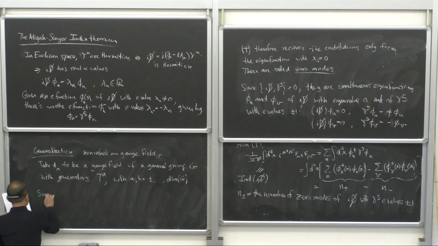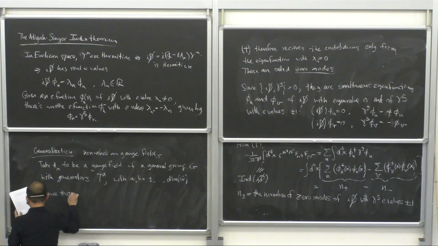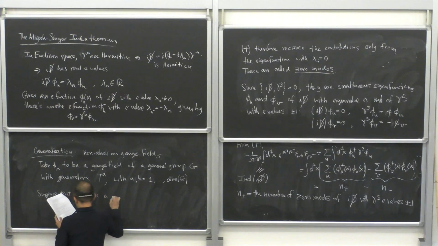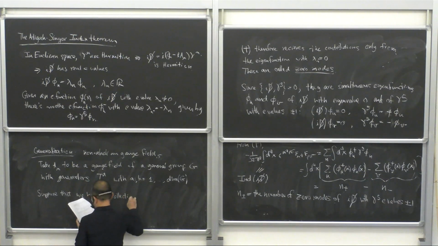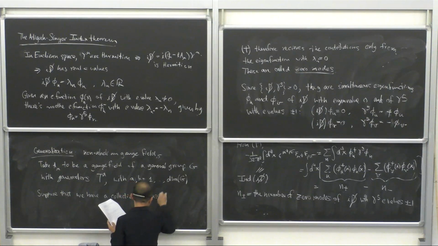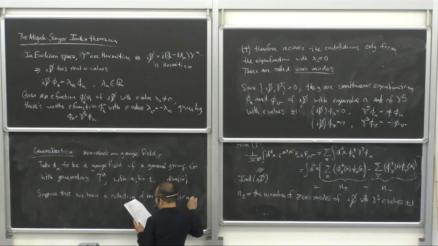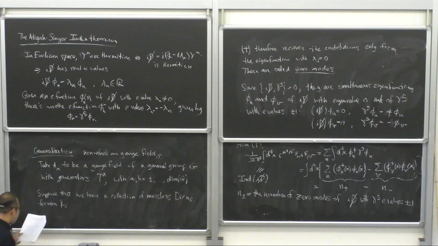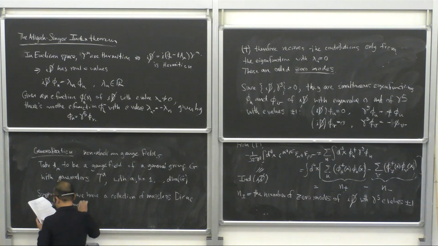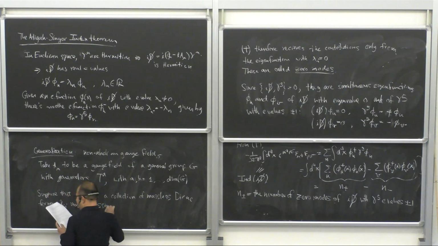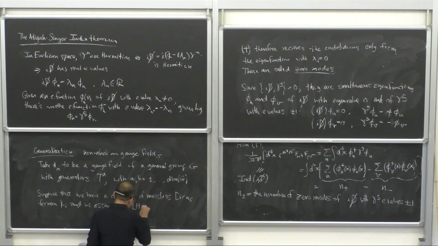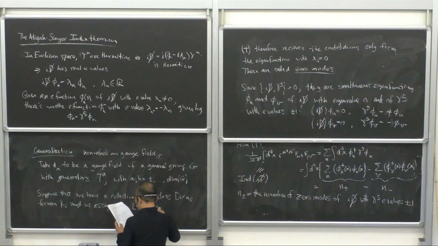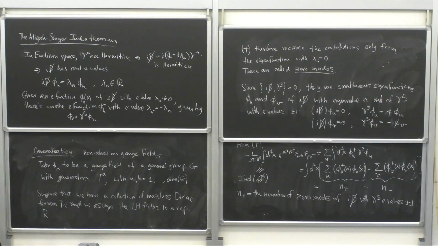Okay, suppose that we have a collection of massless Dirac fermions psi_i, and we assign the left-handed field to a representation R. Let me tell you, I don't know how to do boldface in my writing, so I will put something like this.